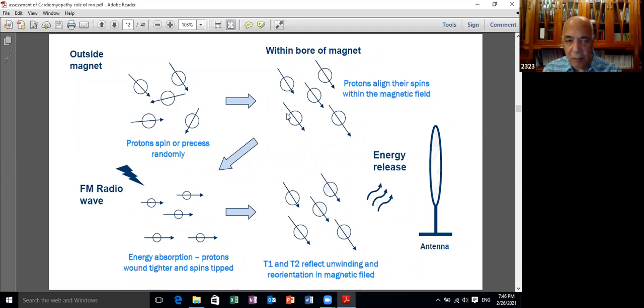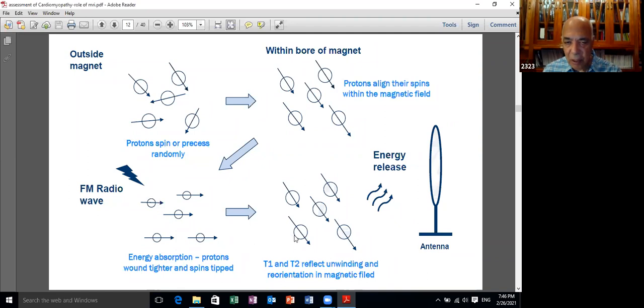Now, this tilting will occur in the vertical axis as well as in the horizontal axis. And when it tilts in the horizontal axis, it dephases. So the spins get separated from each other. That's the important point.